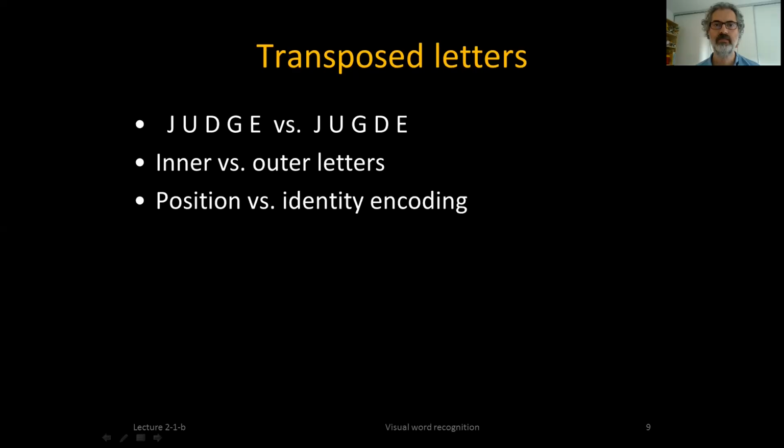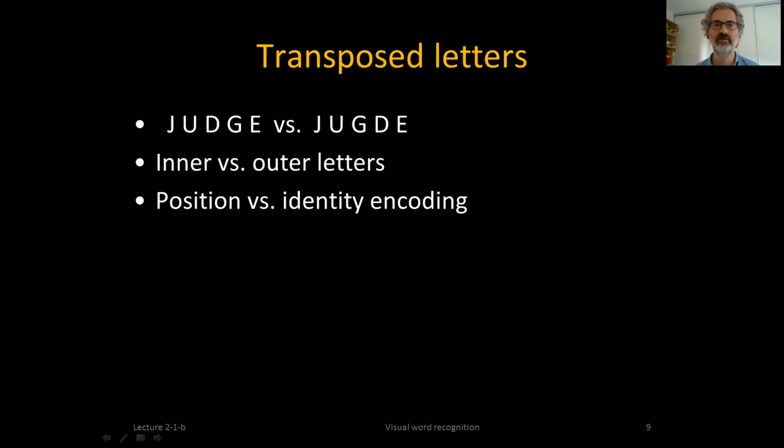This has led to the now commonly accepted idea that letter identity and letter position are recognized somewhat independently. This means that one part of your mind is recognizing the identities, which letters you're looking at, whereas a different part of your mind is recognizing where these letters are.